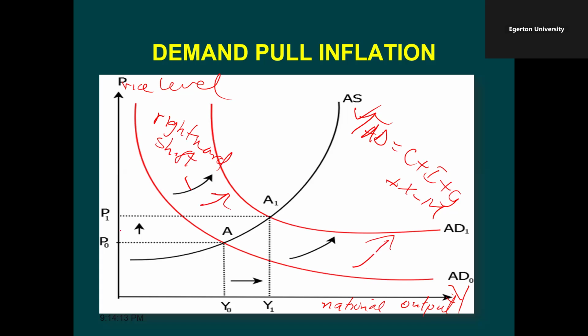But because we are defining inflation as the increase in price level, it will be clear that that rightward shift will have caused an increase in the price level from P0 to P1. And that is basically the inflation that we experience as a result of an increase in aggregate demand. Okay.